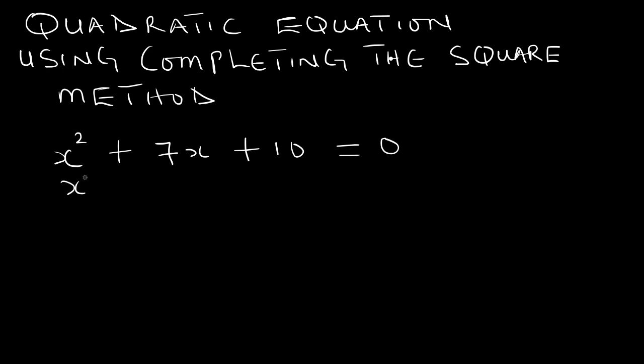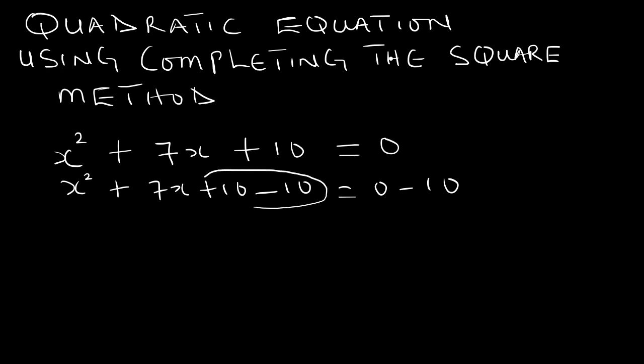So we'll have s squared plus 7x plus 10 minus 10 is equal to 0 minus 10. Whatever you do on the left hand side, you also do on the right hand side. Now, plus 10 minus 10 is equal to 0, so the 10 is gone. So we'll have s squared plus 7x is equal to 0 minus 10, which is minus 10.